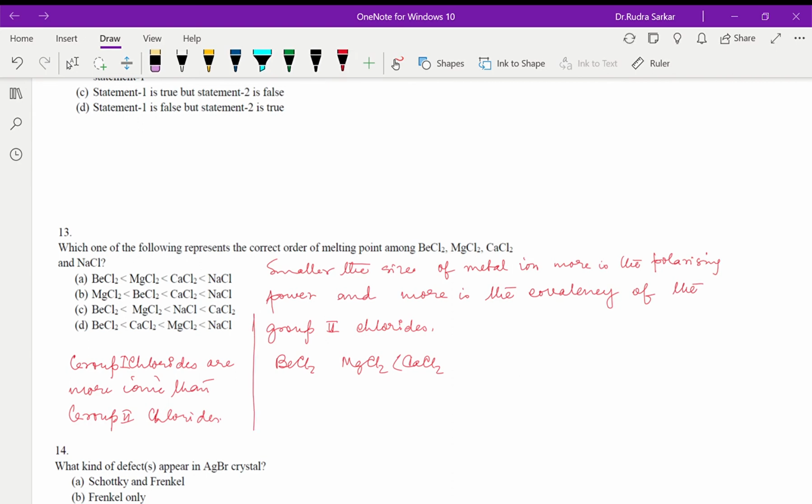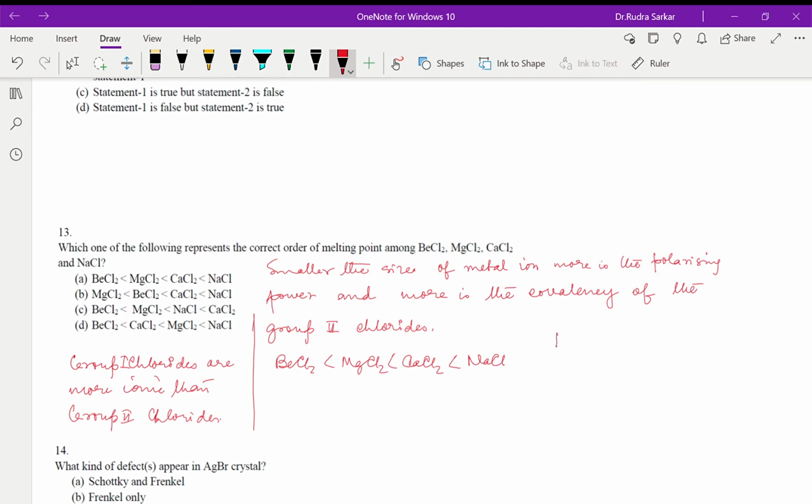So here we are saying BeCl2 is less ionic than MgCl2 and MgCl2 is less ionic than CaCl2. Alright, that is what we are saying, and NaCl is more ionic than all the rest.